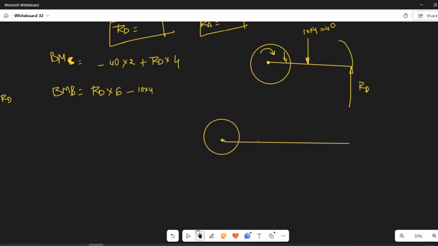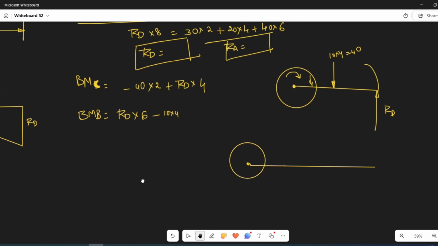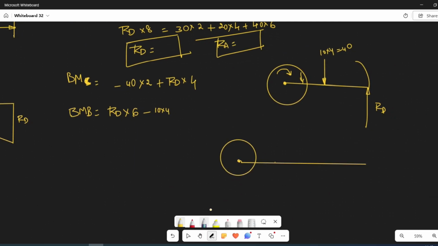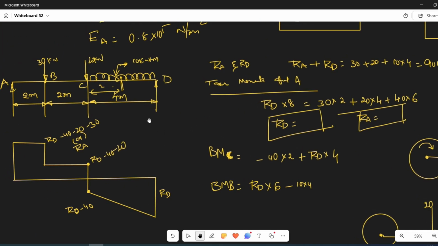There is point C, there is the 40 load. Apart from that, the UDL which is converted into a point load. And this is RD, right? What we are doing, this distance is 6 and this distance is 2 meters.